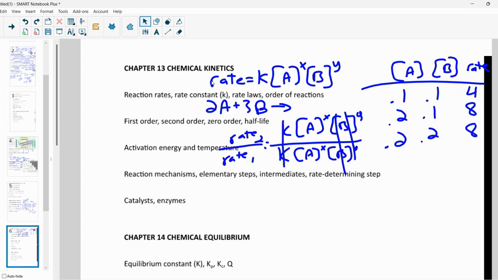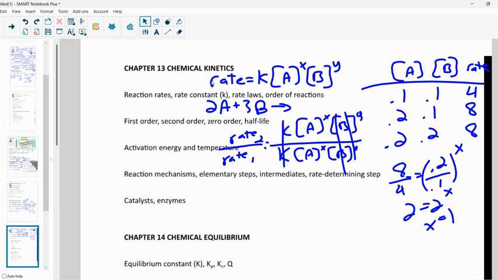But now, my rate, 8 over 4, equals 0.2 over 0.1. To the x, we get 2 equals 2 to the x, so x equals 1. Do we remember that one? Yeah. All right.